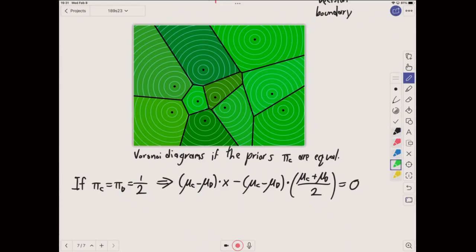So that's my decision boundary when the priors are equal and there's two classes.